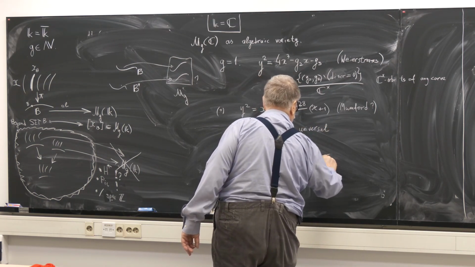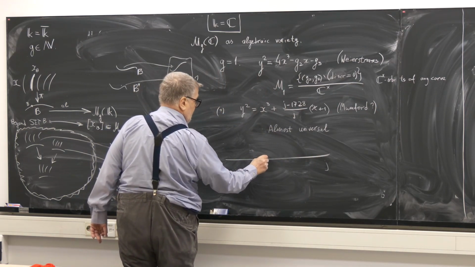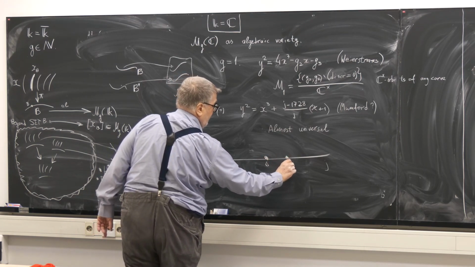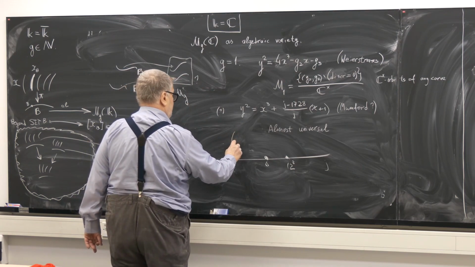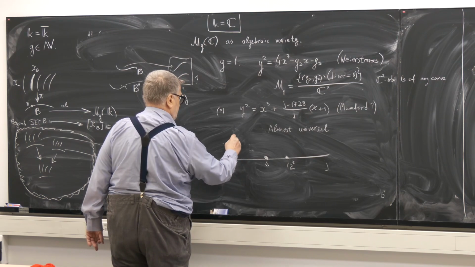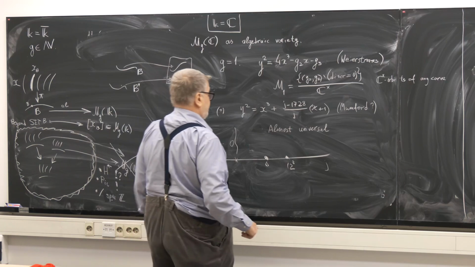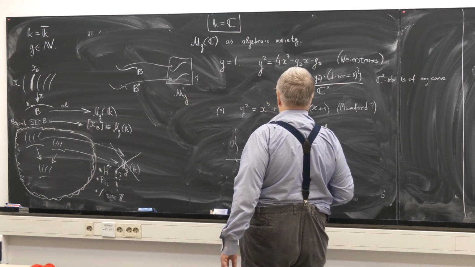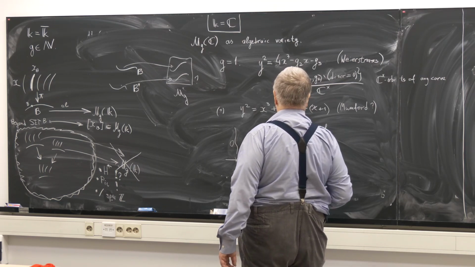Here we have the j-line, and we have just the two singular values here, and over every point we have an elliptic curve, but some nonsense when j is 12 cubed.